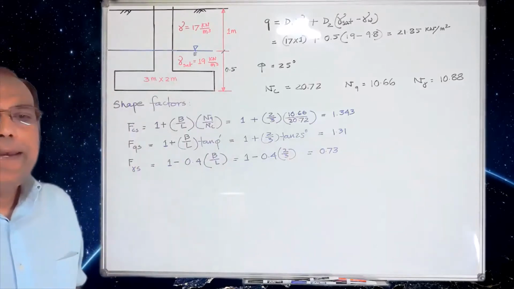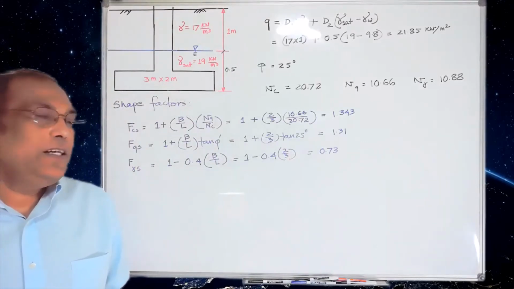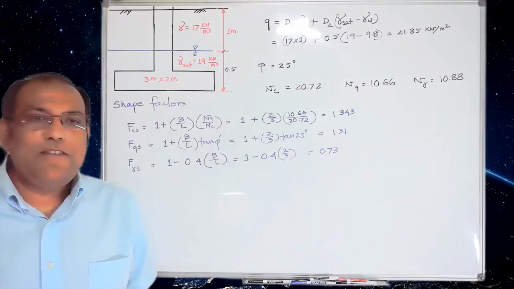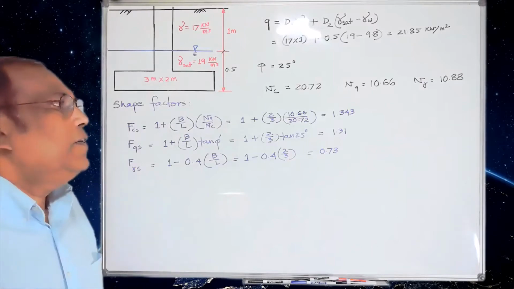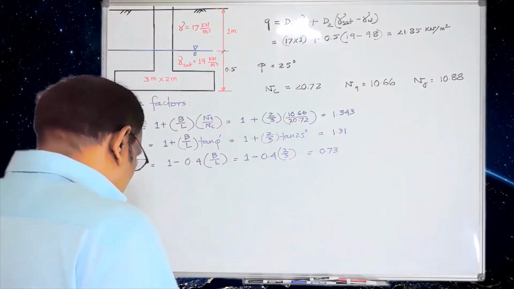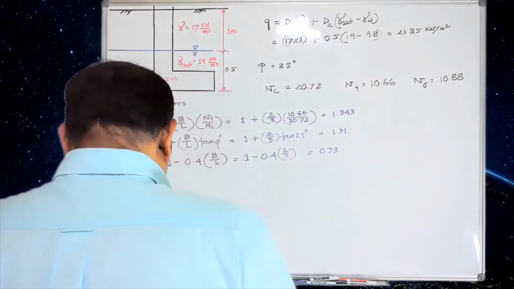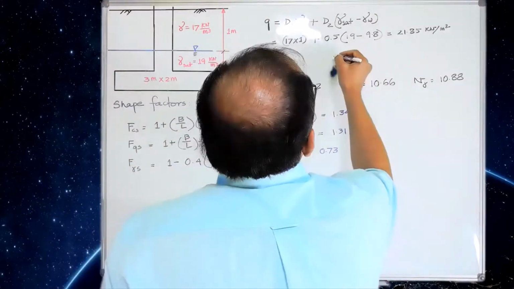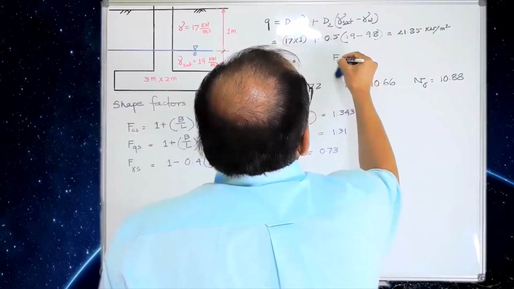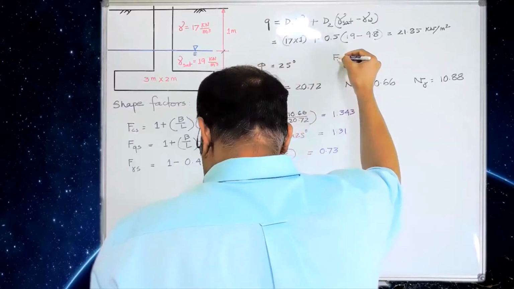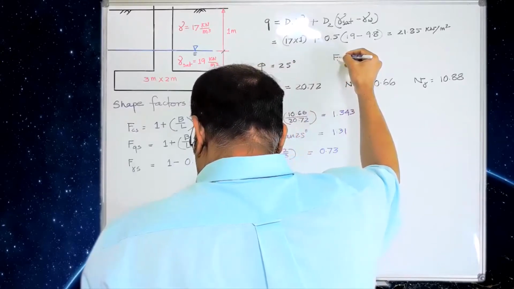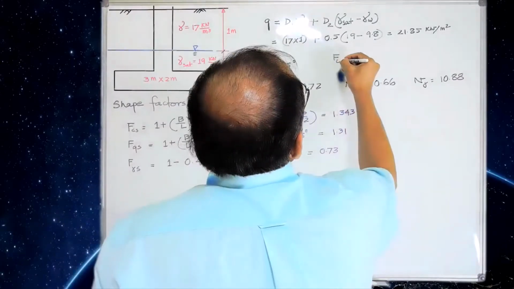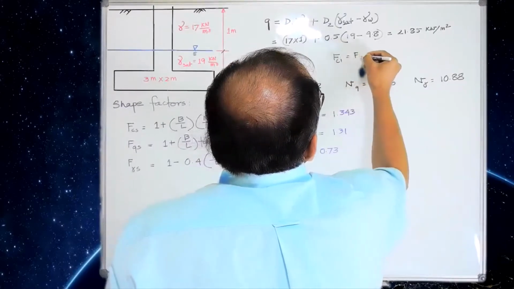Okay. Now you already saw that there is no inclination here, so the inclination factors are all 1, right? So I can just write it down here: FCI.